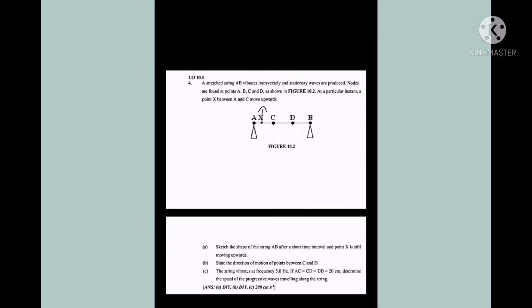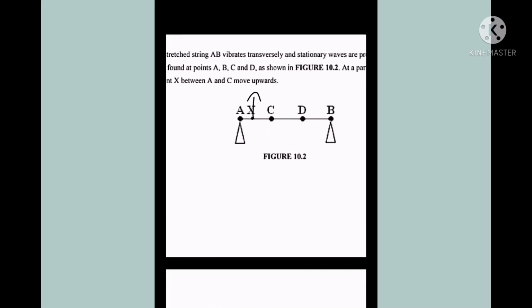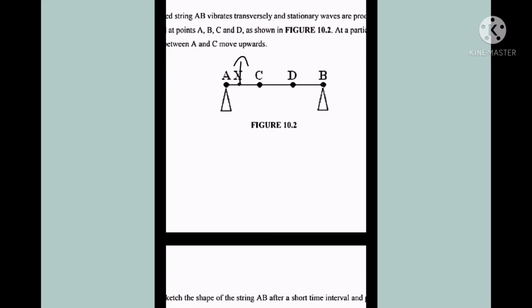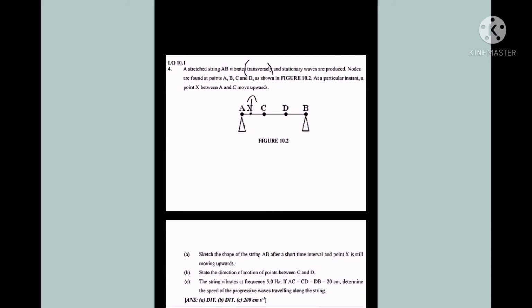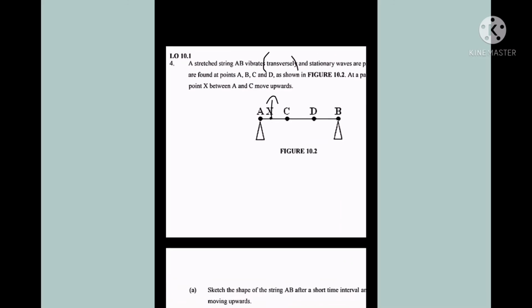Question A: sketch the shape of the string AB after a short time interval, with point X still moving upwards. They give us a hint that it vibrates transversely. A transverse wave is just like the sine graph, just like this. Okay, let's proceed.